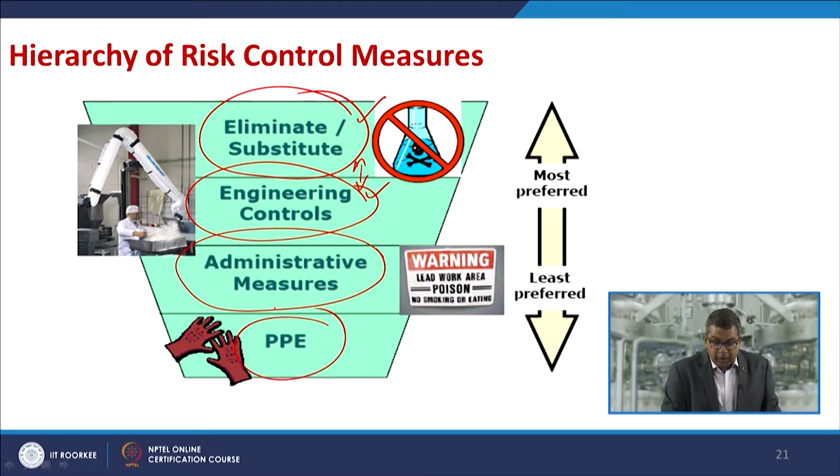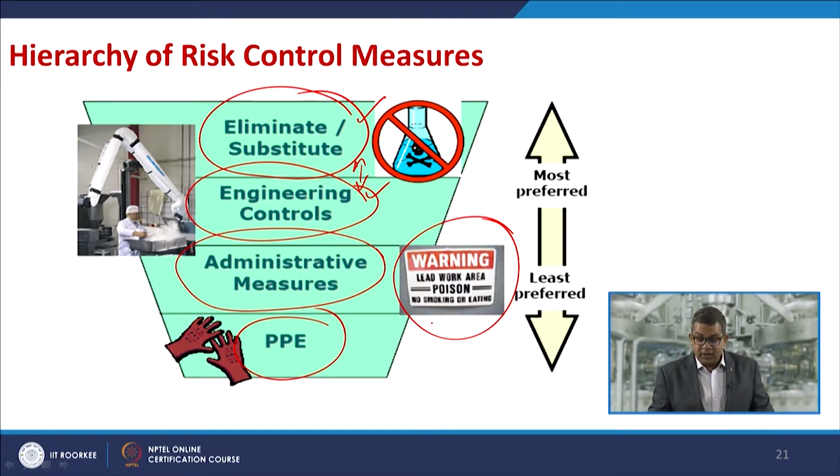You may have personal protective equipment or gear, etc. You may put various types of placards at the workplace, like warning, lead work area, sometimes fire and hazards, etc. So if you go through all those aspects, you may designate the hierarchy in terms of that, like these are the most preferred ones and these are the least preferred ones.